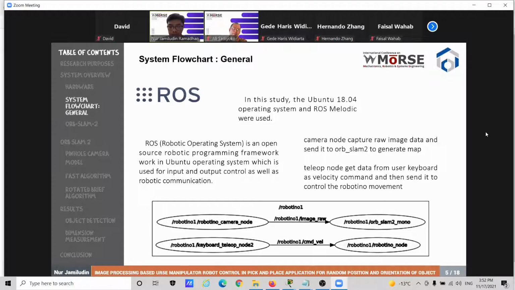And in this study, we use Ubuntu 18.04 as the operating system and ROS Melodic. ROS is an open source robotic programming framework that works in the Ubuntu operating system, which is used for input and output control as well as robotic communication. The ROS system starts by initiating the computer as master. Then the computer also executes the keyboard teleop node for the robot.